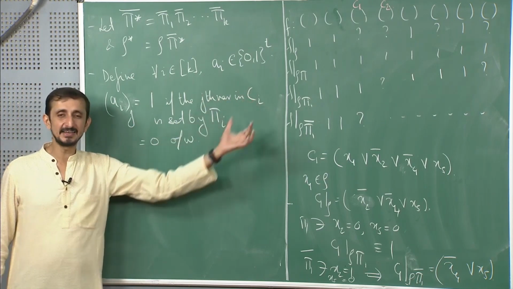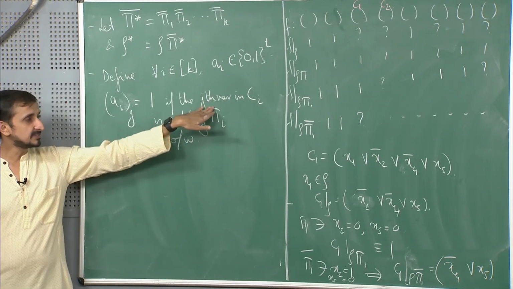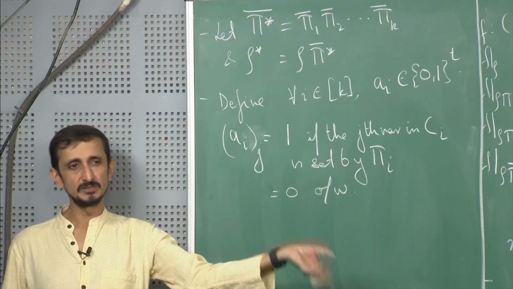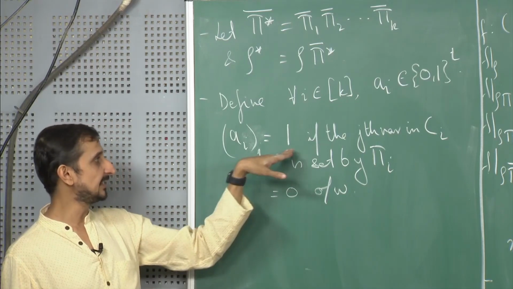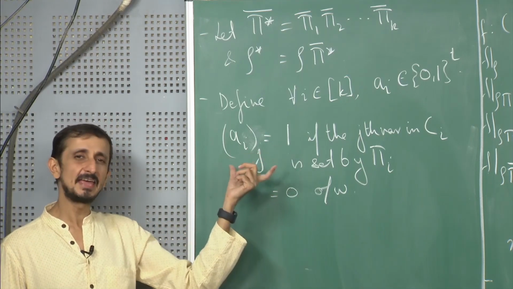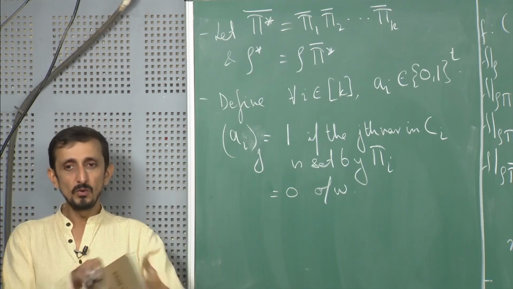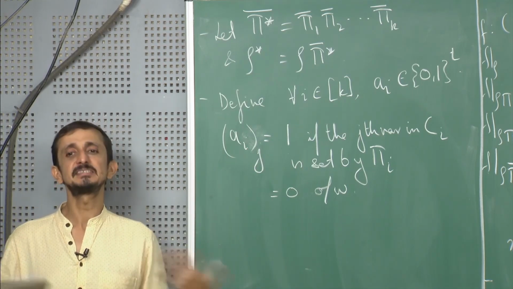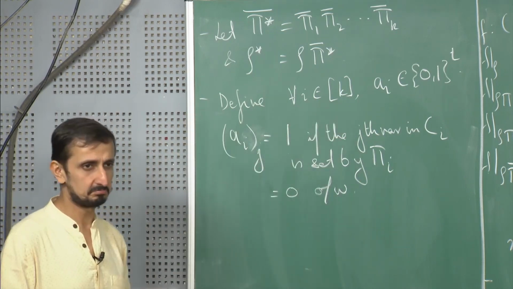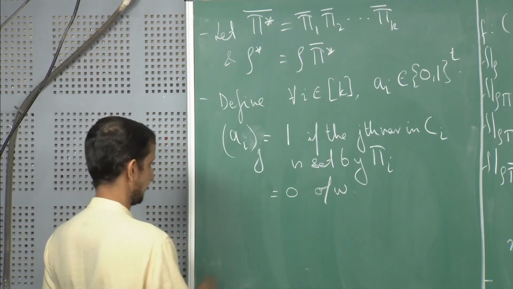Okay. So, note that in C_i there are d_i variables which are fixed by pi_i, right. So, if the jth variable is one of those, so that fixing can be either fixing to 0 or fixing to 1, then I will set a_i[j] to 1, otherwise I set it to 0. So, essentially what a_i helps us in figuring out is which are the variables in a clause that are being set by pi_i, okay. And I have k of them. So, I know it for all pi_1 up to pi_k.